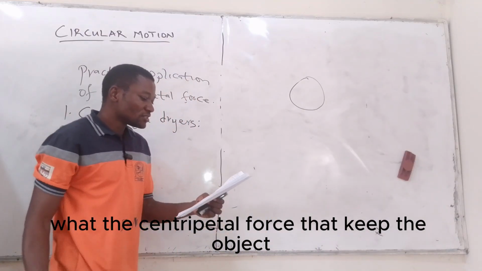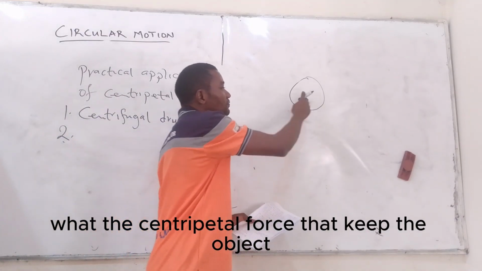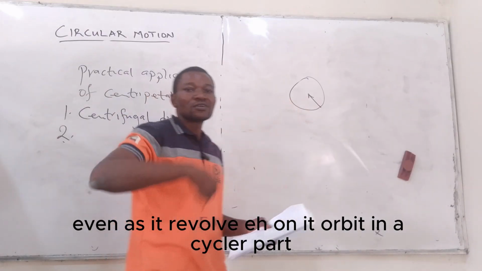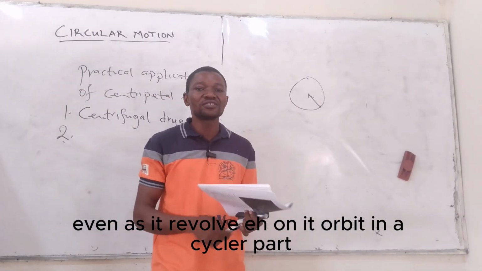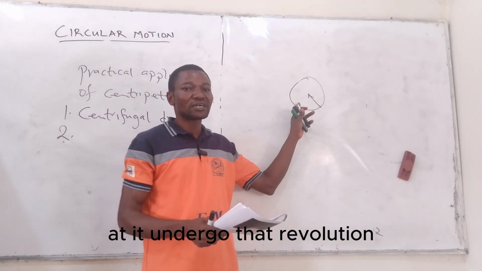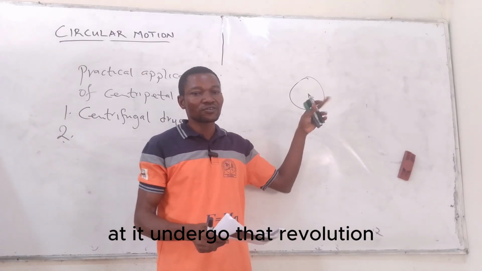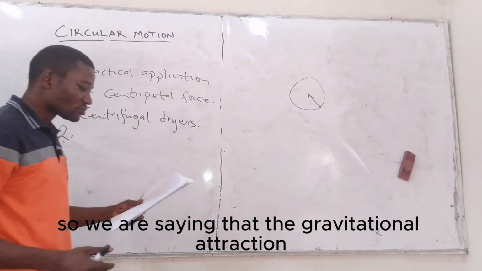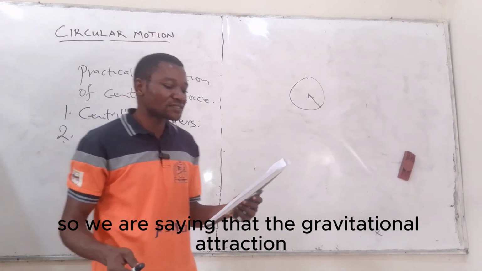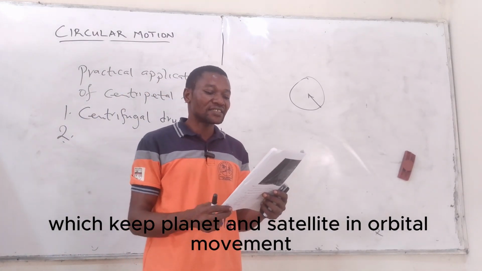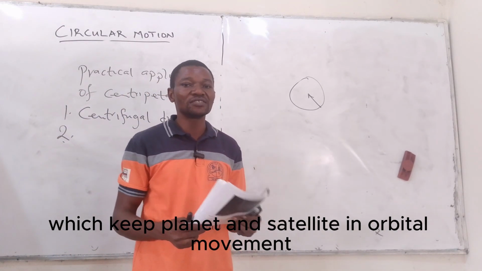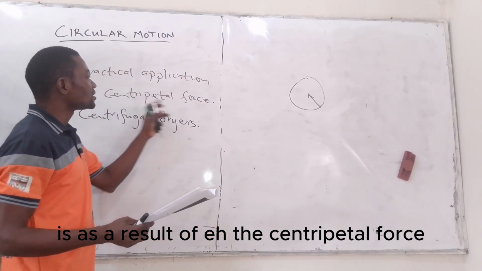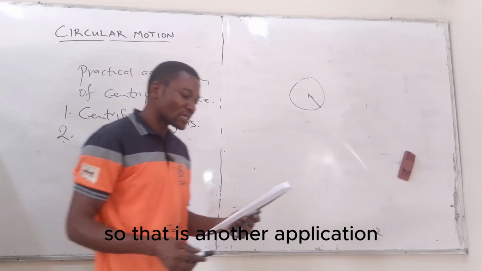The centripetal force that keeps the object, even as it revolves on its orbit in a circular path, as it undergoes that revolution. So we are saying that the gravitational attraction which keeps planets and satellites in orbital movement is a result of the centripetal force. So that is another application.